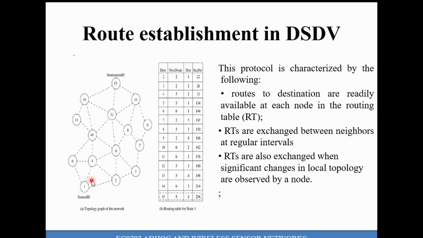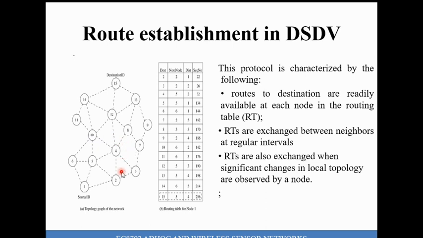Now, in order to reach 12 from 1, I can choose either this path or this path, 1, 2, 3, like this. For both paths the distance is the same, so we can choose any one of these best paths here.